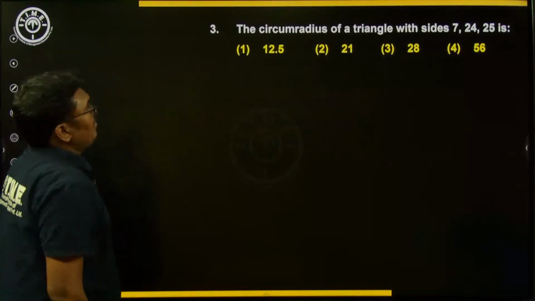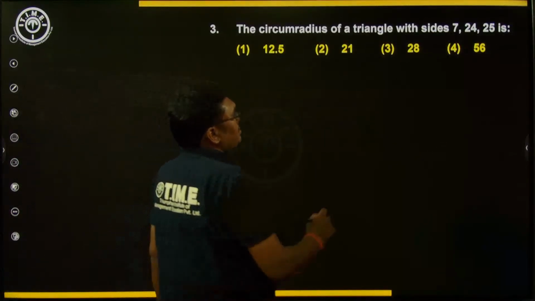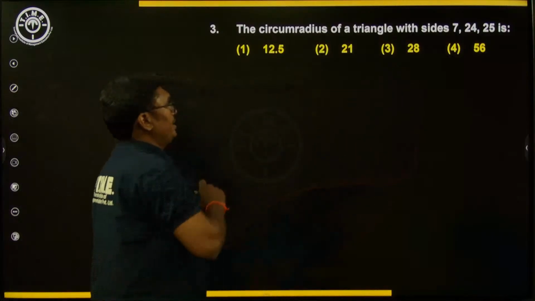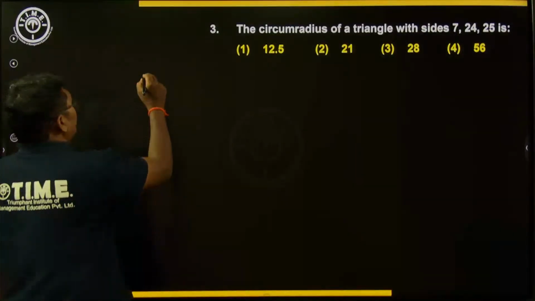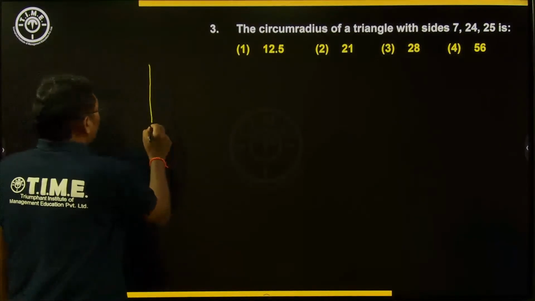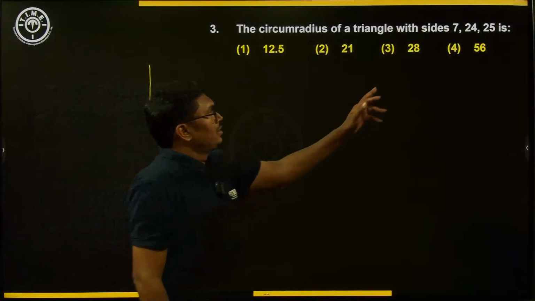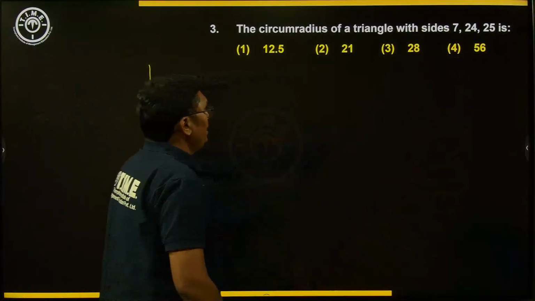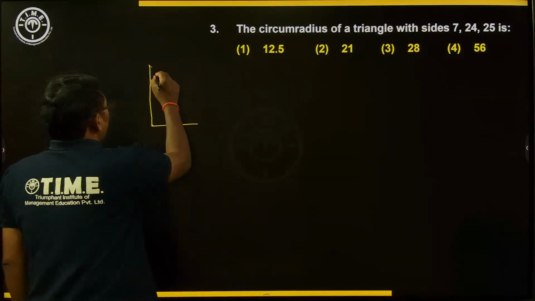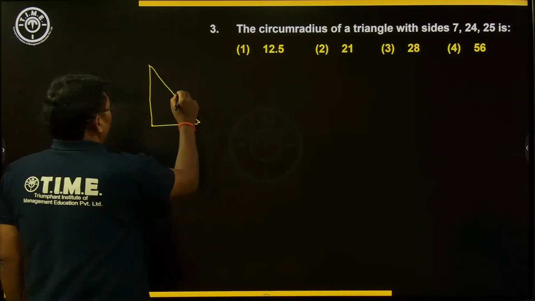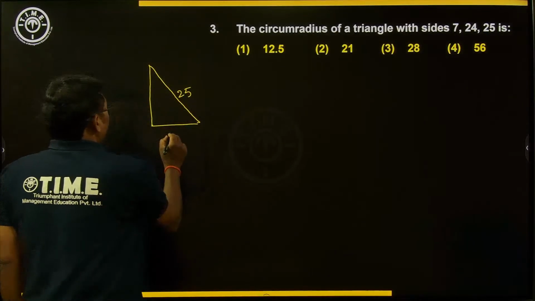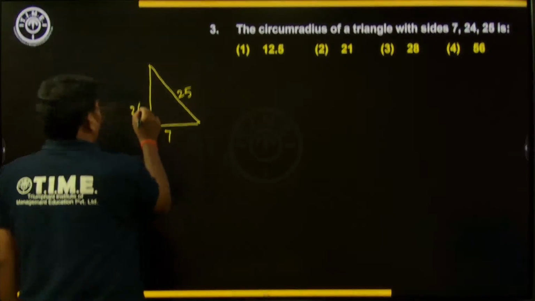Next, the circumradius of a triangle with sides 7, 24, 25. So what is the circumcircle? First observe the sides of the triangle. 7, 24, 25 forms a right angle triangle. So this is 25, this is 7, this is 24.